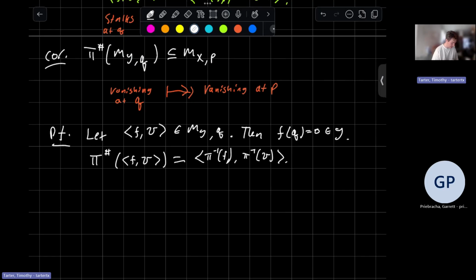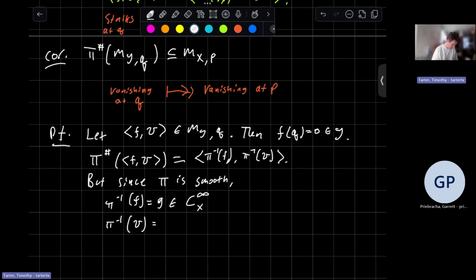But since this is a map on the category of manifolds, since pi is smooth, pi inverse of f is equal to g in C infinity on X. Pi inverse of u is equal to W, which is open in X.